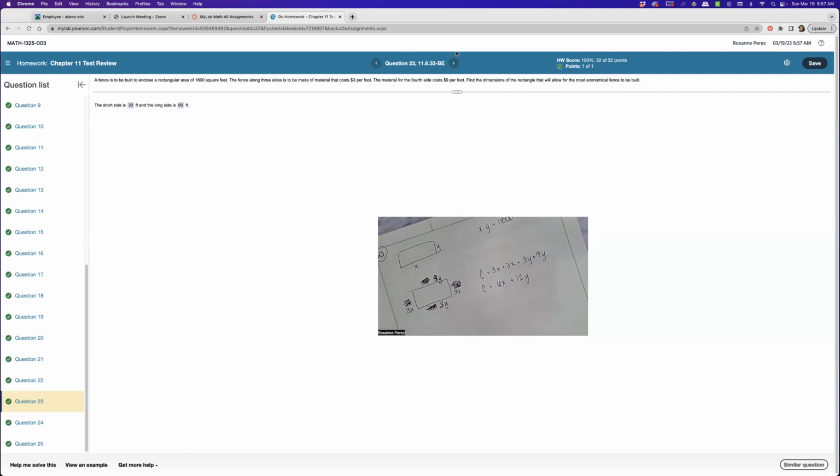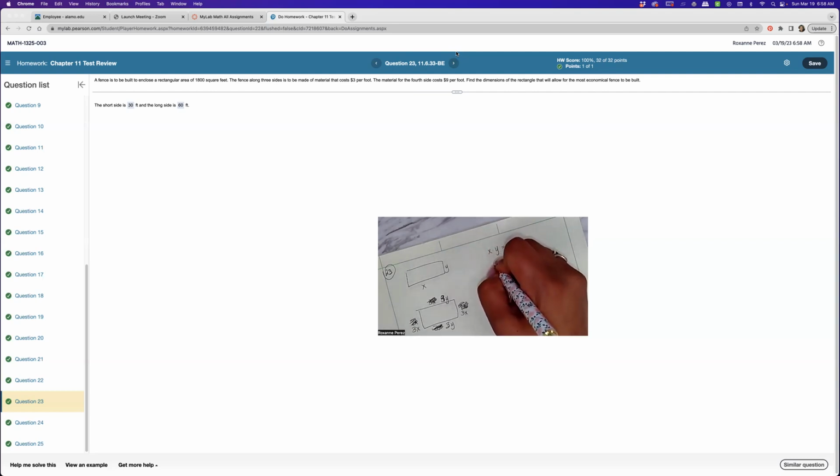Okay, now I'm going to come back up here and I need to make this into a function of just one variable. So I'm going to solve this for y, and y is going to equal 1800 over x. So I'm going to substitute this in here for my y variable.